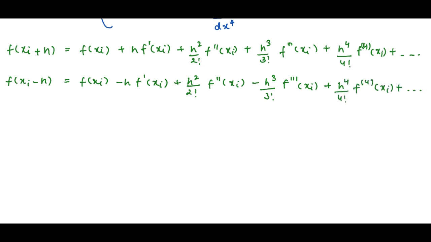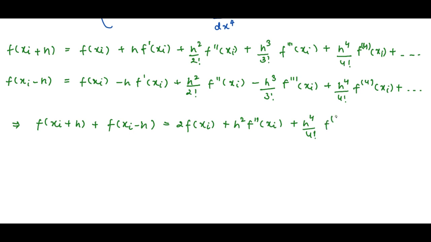Now adding these two equations, the first derivative terms cancel and the third derivative terms also get cancelled. So we get f xi plus h plus f xi minus h as twice of f xi plus h square f double dash xi plus h power 4 by 12 f4 xi and so on.